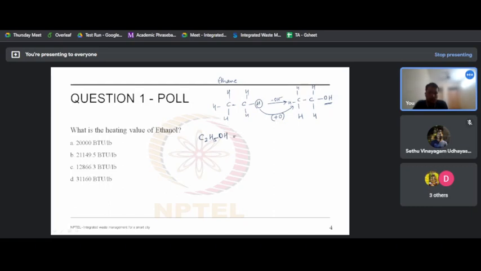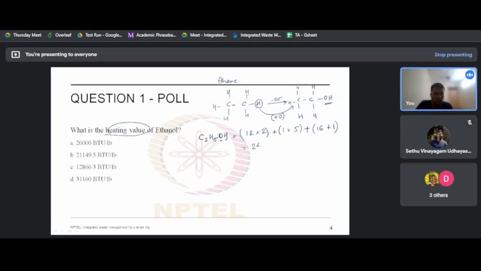First, to use Dulong's equation in order to find the heating value, we need the molecular weight of this compound. Carbon is 12, so that would be 12 into 2. Then we have hydrogen, whose weight is 1, and we have 5 atoms of hydrogen. Then we have the hydroxyl group, which would be 16 plus 1, 17: one oxygen that is 16, one hydrogen that is 1.